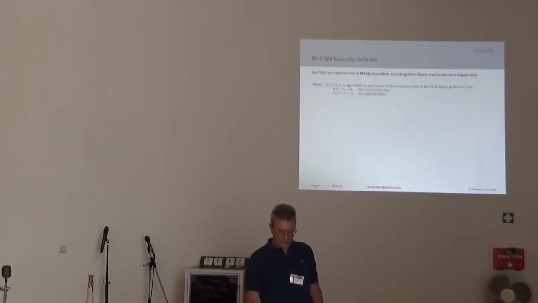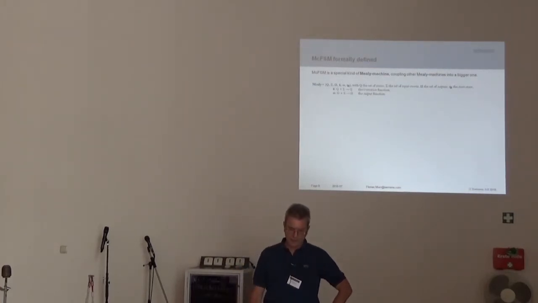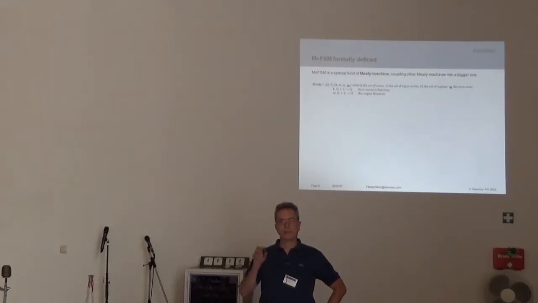It's not very important. I just tell you so that you know where to sort this in if you are really doing theoretical computer science. There are Mealy machines. Mealy machines are finite state machines where you have an output. You have actually a function that's usually called delta. That's the transition function where you say, I go from this state to that state if an event in the set sigma is coming.